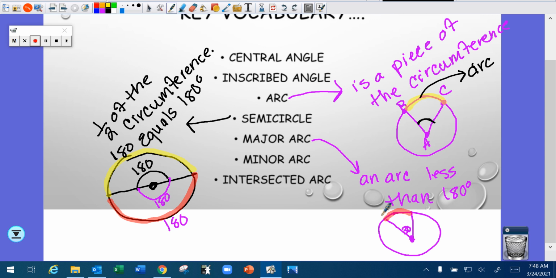If this is 30 for the central angle, so is the intersecting arc. The intersecting arc is also going to be 30. And this is an example of a minor arc. So this is a minor arc, any arc that is less than 180 degrees.